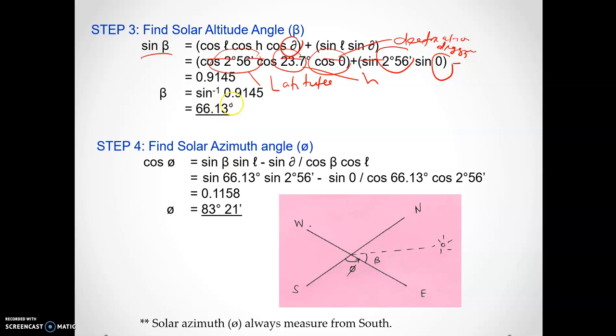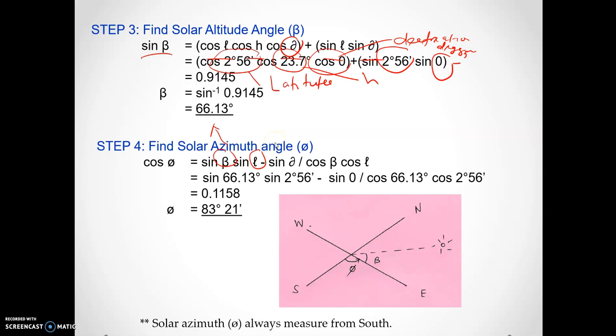Alright. Next one, after we calculate the solar altitude angle, we have to find the solar azimuth angle, phi. Cos phi is sine beta, which you have calculated here. You just put beta here. L is the same, 2 degree and 56 minutes. Cos alpha is the same here.